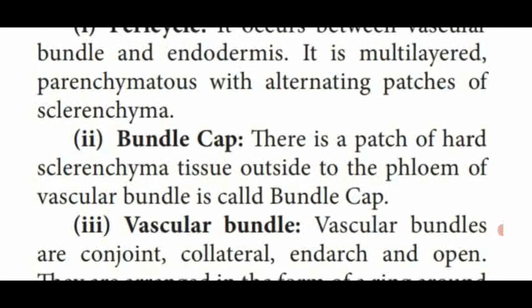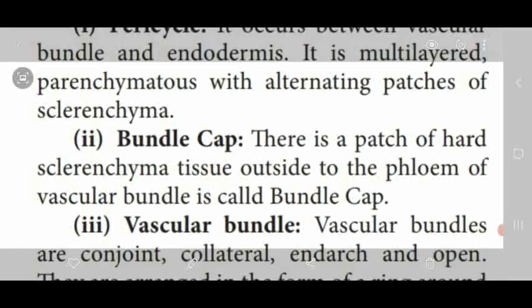Next one, bundle cap. So, what is bundle cap? There is a patch of hard sclerenchyma tissue which is present on the outer side of the phloem. In the vascular bundle, normally it is a conjoined collateral open vascular bundle. What is conjoined?